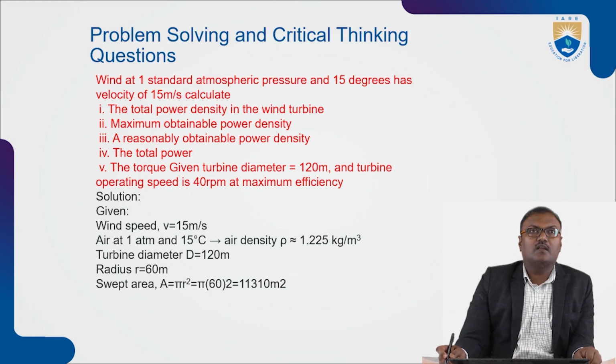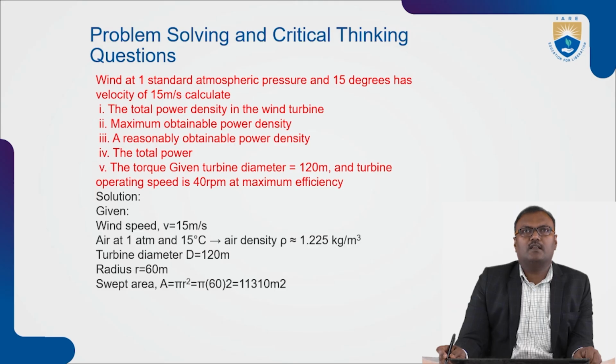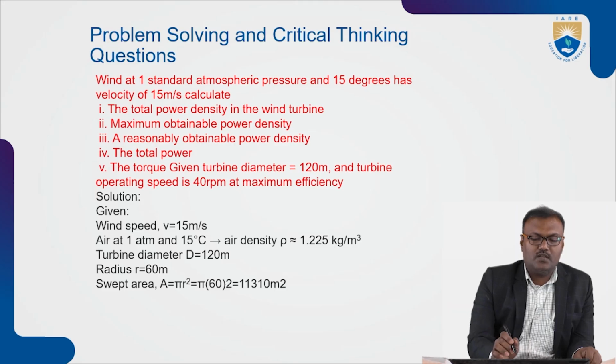First one is: wind at 1 standard atmospheric pressure and 15 degrees has a velocity of 15 meters per second. Calculate the total power density in the wind, the maximum obtainable power density, a reasonable obtainable power density, the total power and the torque.